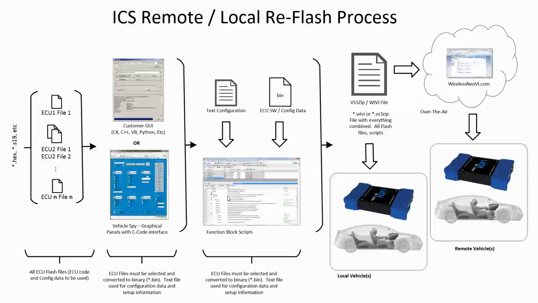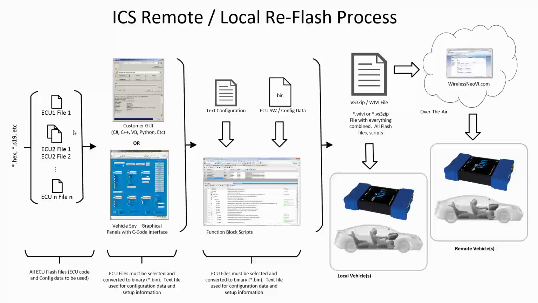Function blocks is a way within Vehicle Spy to script CAN commands, diagnostic commands, ISO 14229 commands, for example, and create a sequence of commands. And some of the function blocks include the ability to read files, including text files and binary files. And I'll describe that in a little more detail in just a minute.